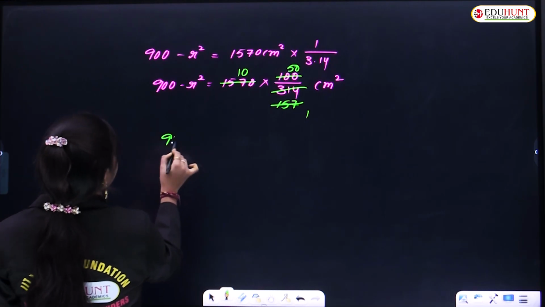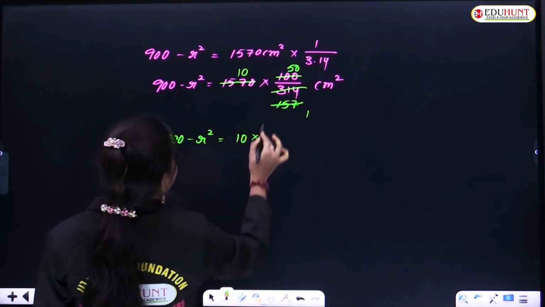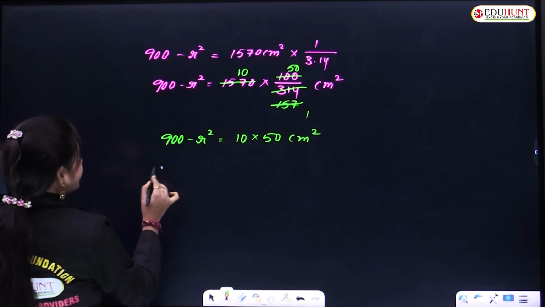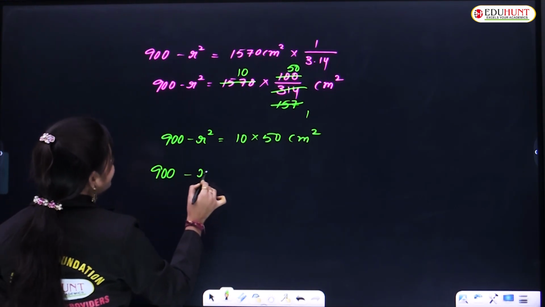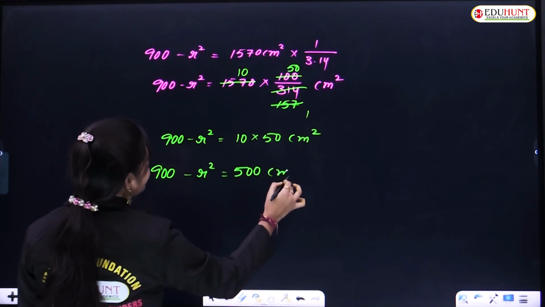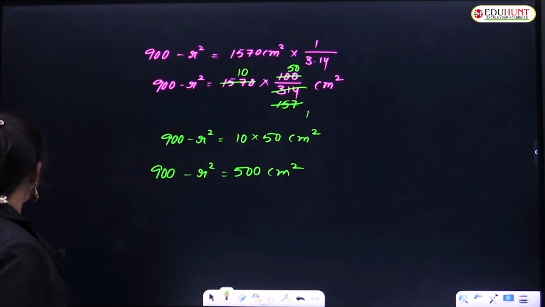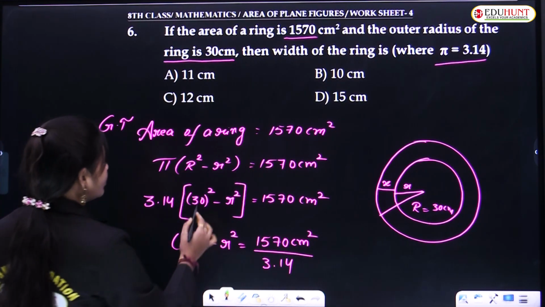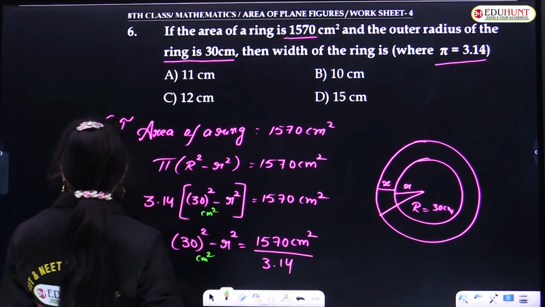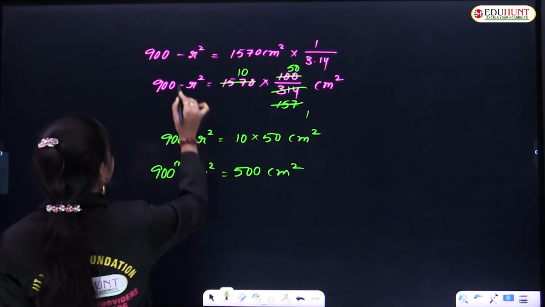From this, 900 minus r square is equal to 10 into 50 centimeter square, that is 500 centimeter square. Now here 900 means 30 centimeters squared, so 900 centimeter square is already there.